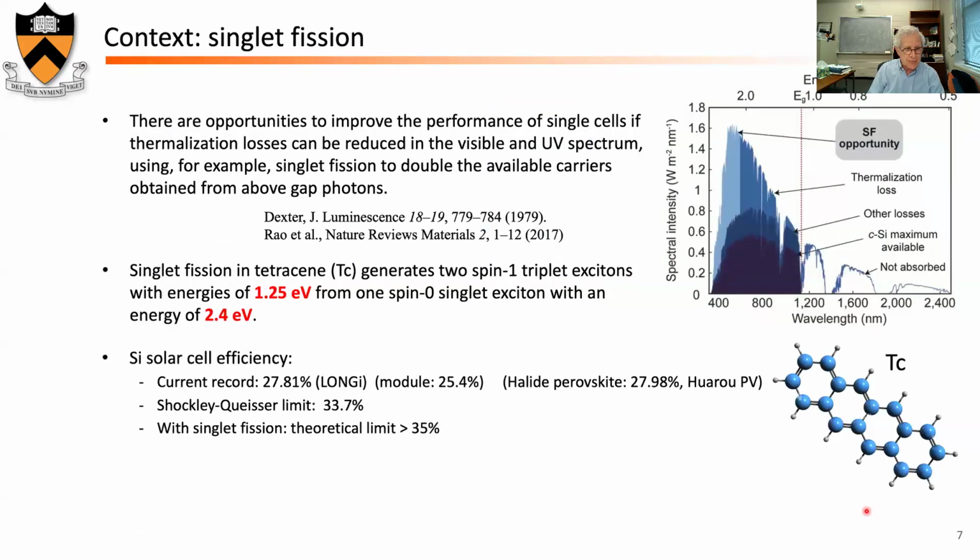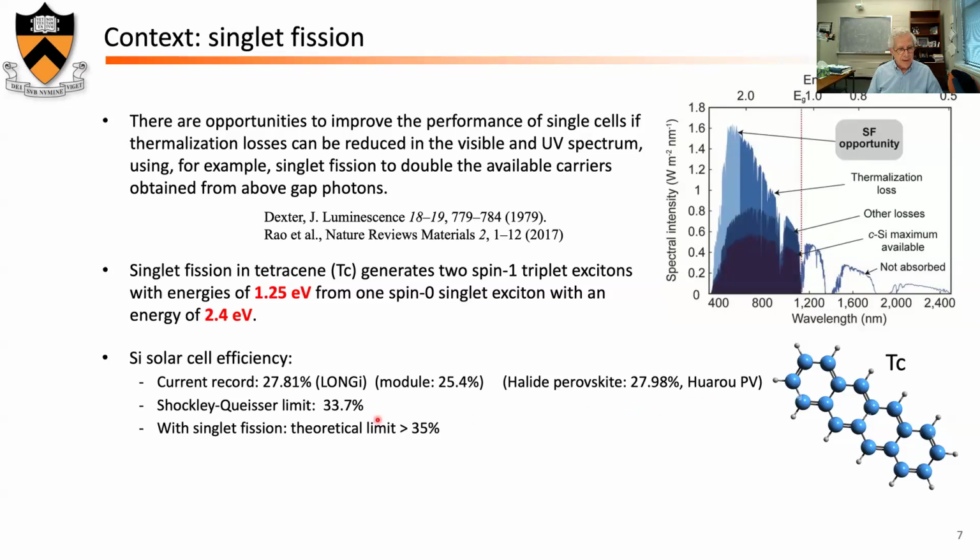So just going back to the silicon solar cell efficiency these days, the current record, I think, for a single cell is 27.8% or so. In a module, it's about 25.4%. Just for the record, the best single cell halide perovskite is at about 27.98% or so, so it just passed silicon.